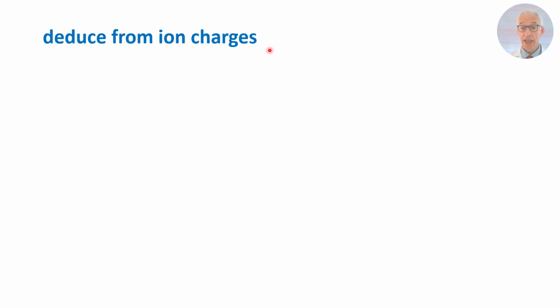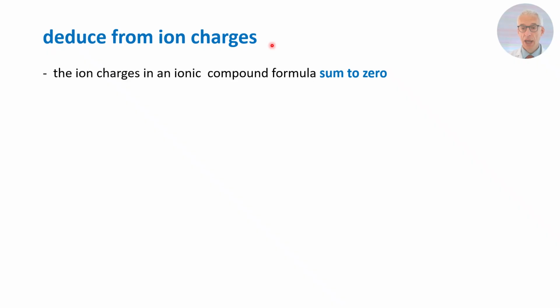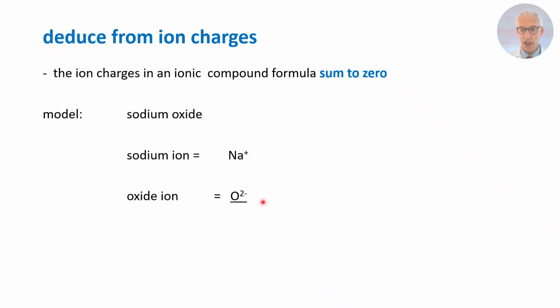Let's look at obtaining the ionic compound formulae from ion charges. The important principle is that the ion charges within a compound sum to 0, add up to 0. So let's look at sodium oxide, or sodium and oxygen. The sodium ion is Na+, the oxide ion is 2-.